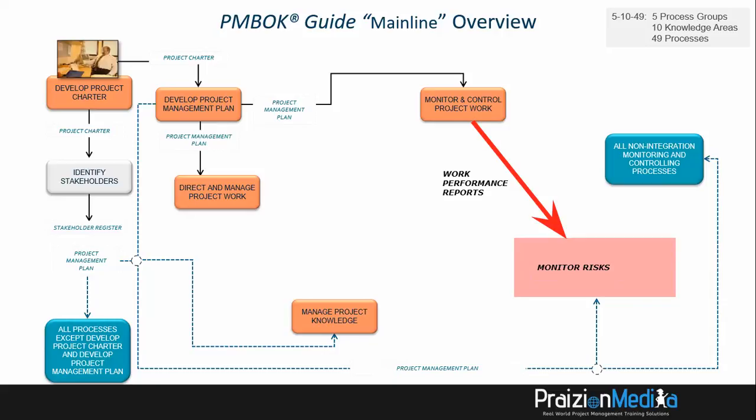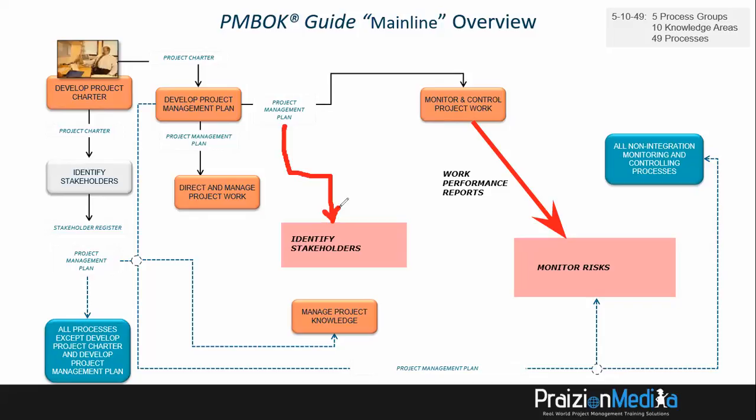Another association that you could build for your understanding of these concepts, using this as an example, is the identify stakeholders process. So when you boil it down, you can show a link from here. The project management plan goes into identify stakeholders as well, because it contains plans used for identify stakeholders.